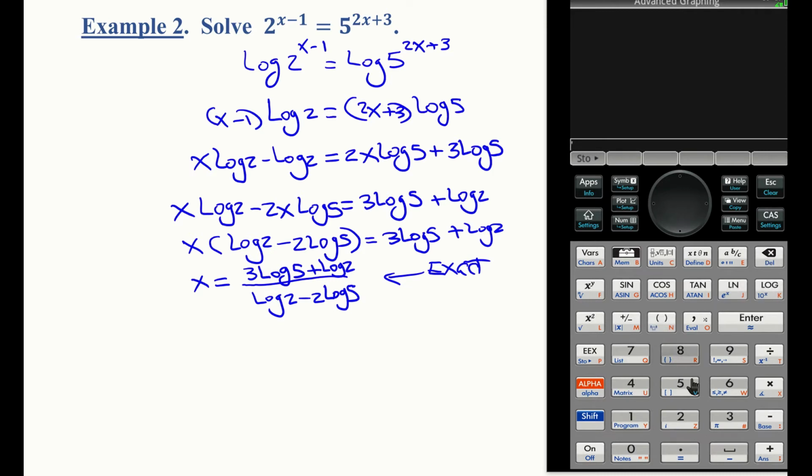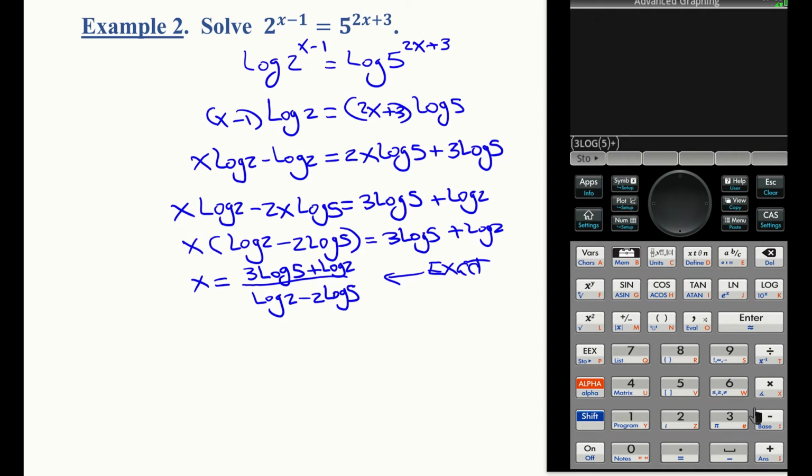So let's see. All right, so we'll start with 3 log 5. It opened some parentheses there, so I'm going to exit that, and then I'm going to say plus, but not the second parenthesis. That needs to stay.